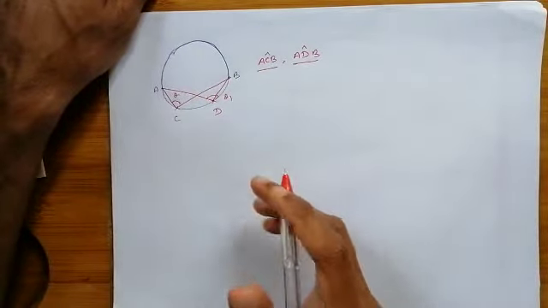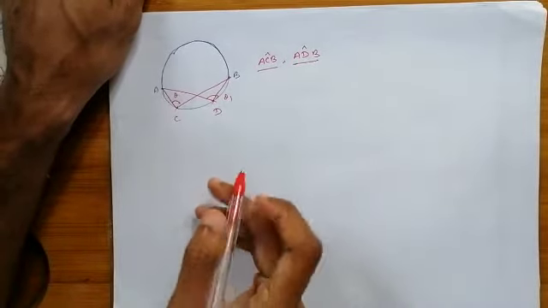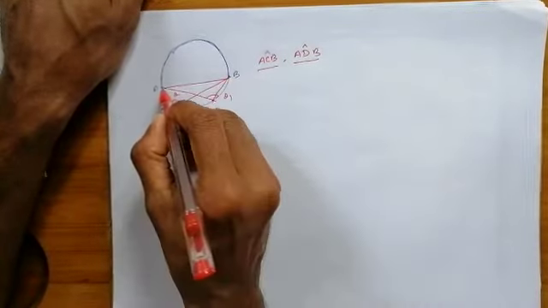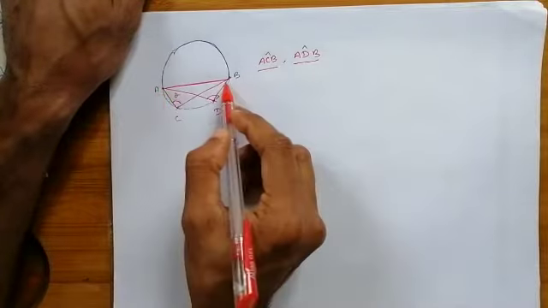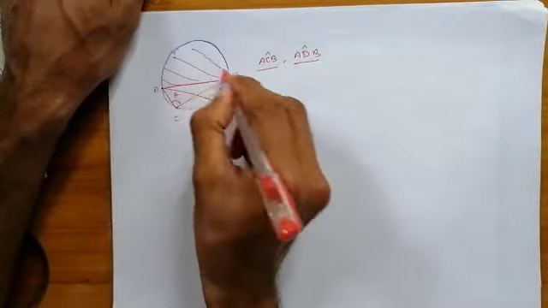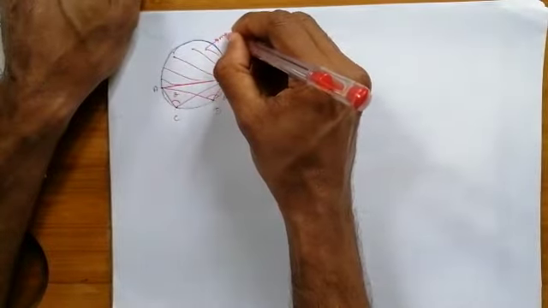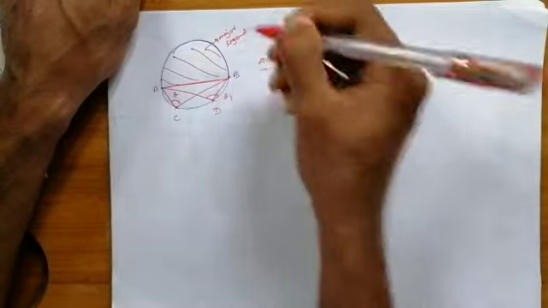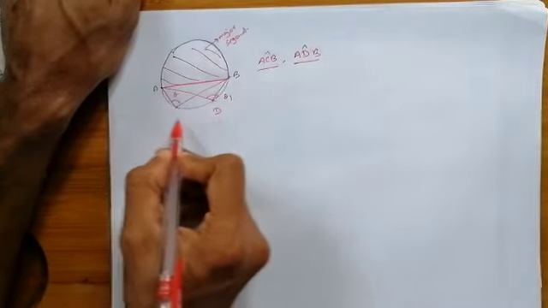How can we describe the position of angle ACB and angle ADB? Here they didn't mention any center, so we need to connect AB. If you connect AB, AB is a chord. This larger portion is called the major segment, and the small portion we call the minor segment.